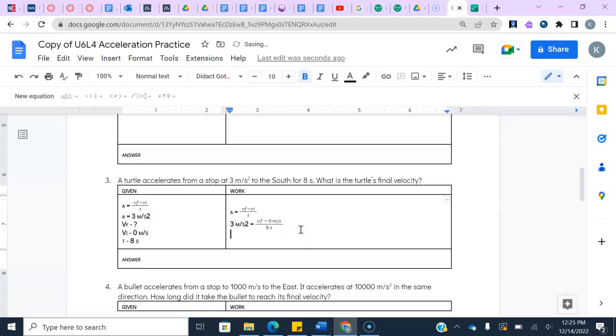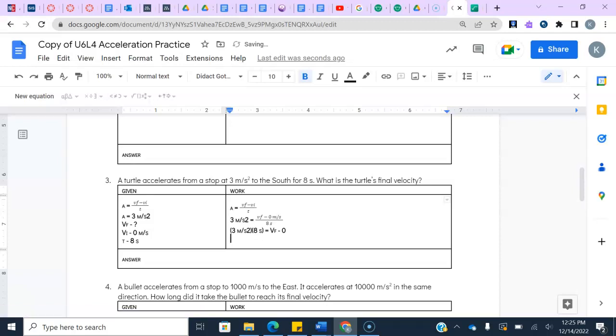Now here we have to do some cross multiplication. Again, this is algebra. So because we're trying to get the VF by himself, we're going to have to multiply the 3 and the 8. So we'll do 3 meters per second squared times 8 seconds is equal to our VF minus 0. Okay? Now we have to solve for VF.